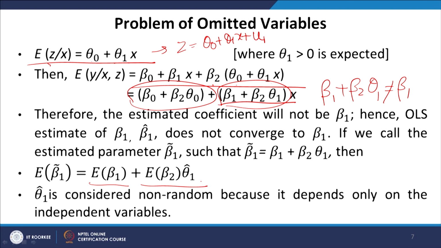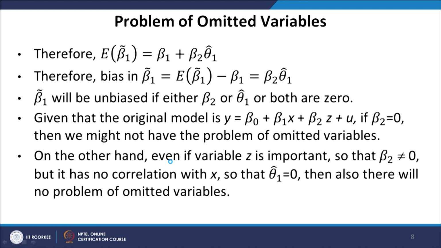Now, theta 1 hat is kept outside the expected expression, because it is considered to be non-random as it depends only on the independent variables, and we replace theta 1 with its estimated counterpart, that is theta 1 hat. Therefore, the expected value of beta 1 tilde is equal to beta 1 plus beta 2 theta 1 hat. Therefore, the bias in beta 1 tilde is the expected value of beta 1 tilde minus beta 1, which is beta 2 theta 1 hat.